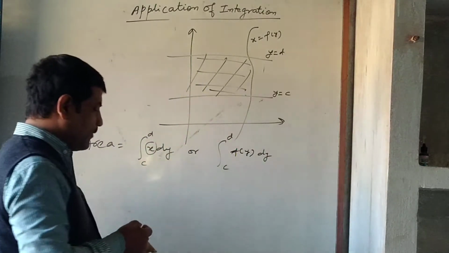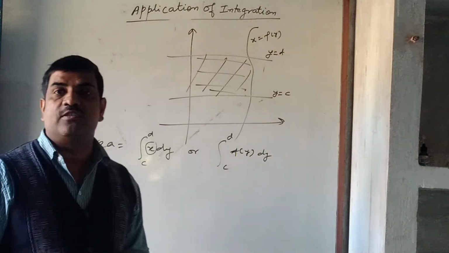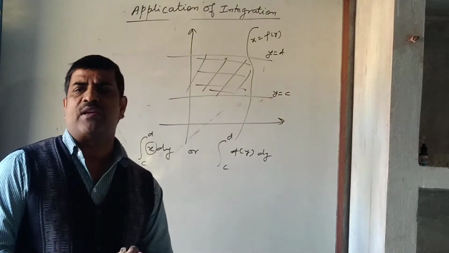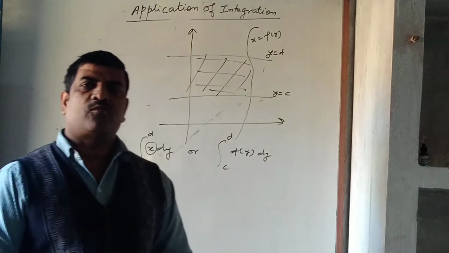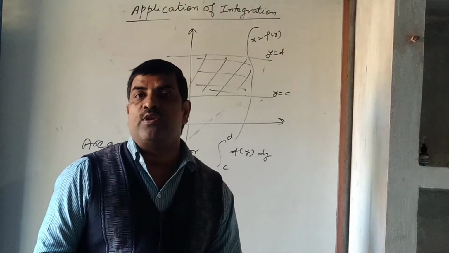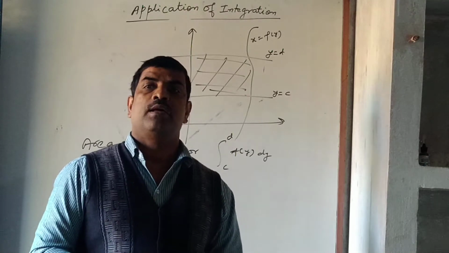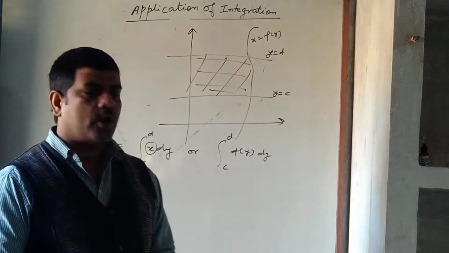Here also, if the sign of f(x) or f(y) is not known, then we shall use the modulus sign. Or in a simple way you can understand that whenever we calculate the area, its value is never represented with a minus sign. Area, distance and volume are always expressed with a positive sign.